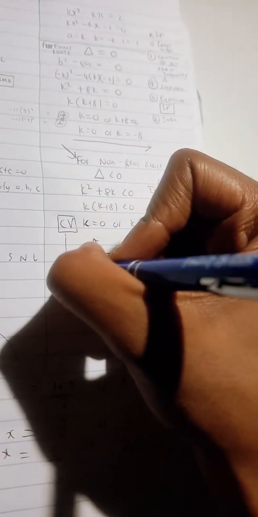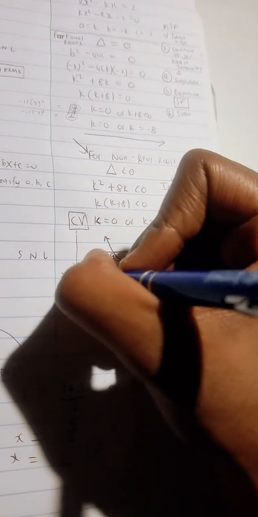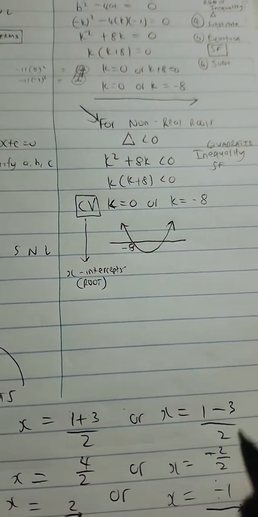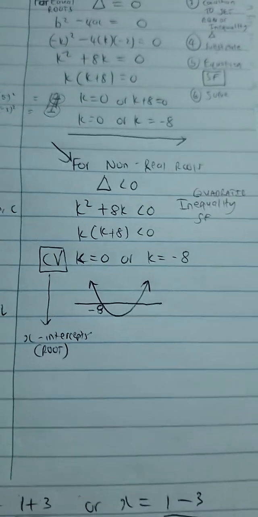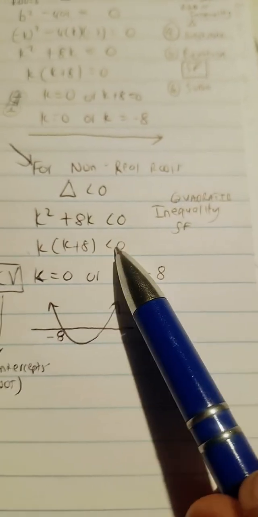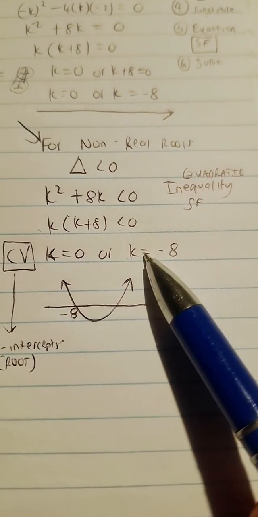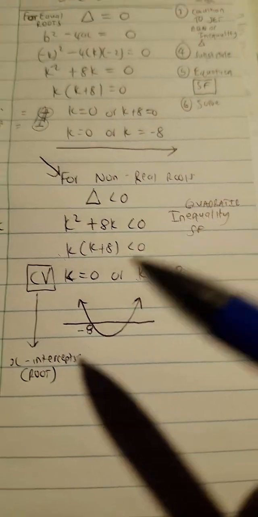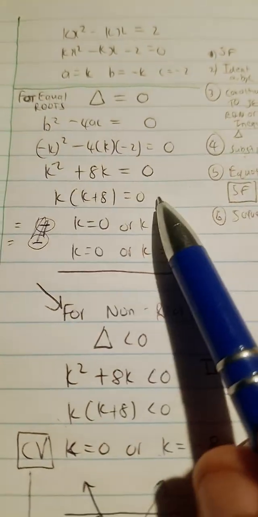A critical value is an x-intercept, or in other words, it is a root of a particular equation. So had we been solving an equation, we'd have gotten k is equal to 0, k is equal to -8. But at this stage, since we have factored our inequality, we write our critical values as the direct roots of this particular inequality if it had been an equation.